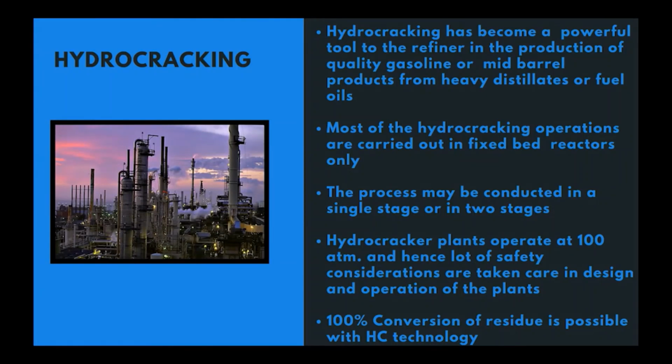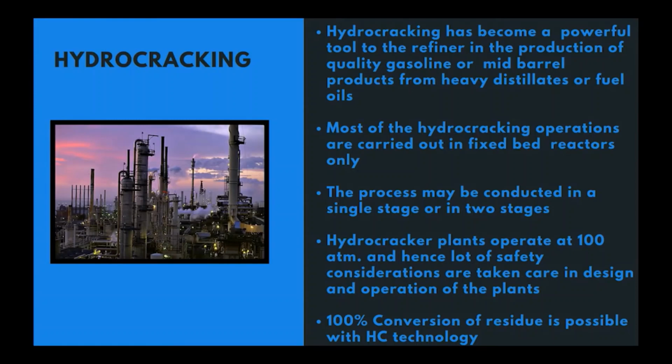Hydrocracking happens in the presence of hydrogen, in a reactor at a pressure of more than 100 atmospheres. Most hydrocracking operations are carried out in fixed bed reactors only. While in the previous case the catalyst is in a fluidized state and it is known as a fluidized bed reactor, in a hydrocracker unit the reactor bed is solid and fixed, like a hydrodesulfurizing unit.